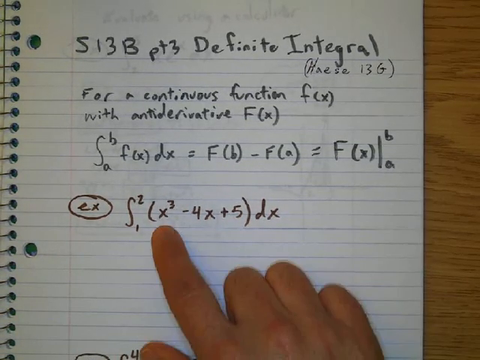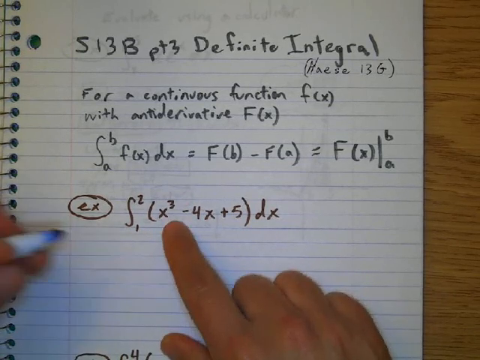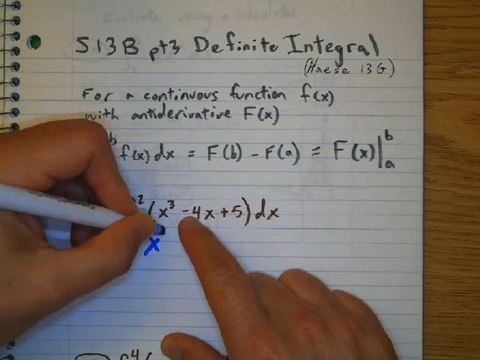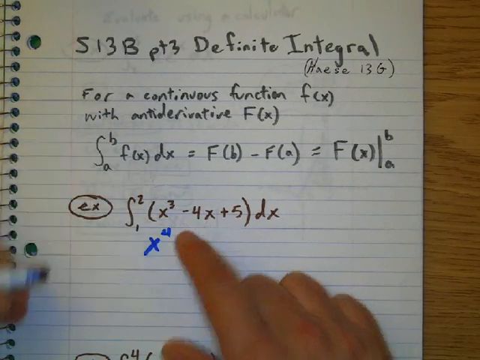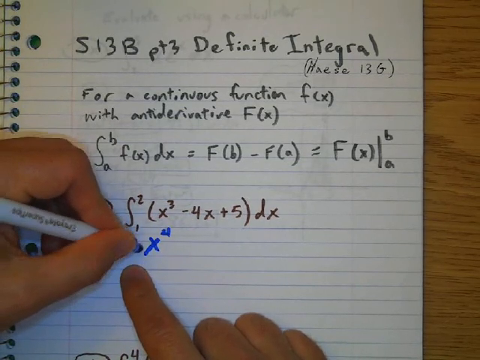Okay, so first we're going to take the antiderivative of this, the opposite of the derivative. For x, the power increases by 1, so we have x to the 4, and then we multiply by 1/4 here.